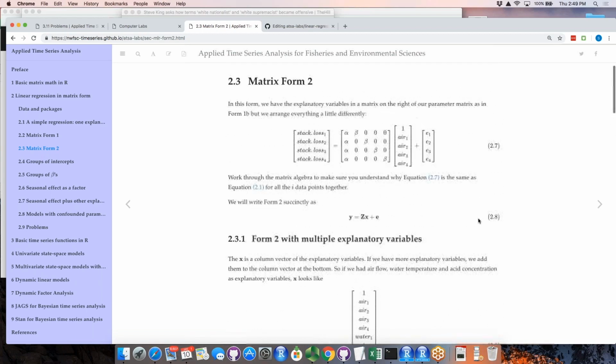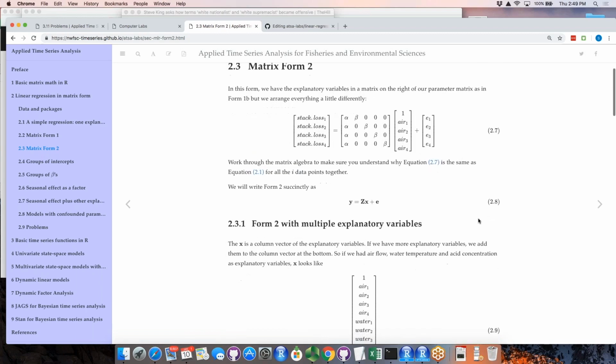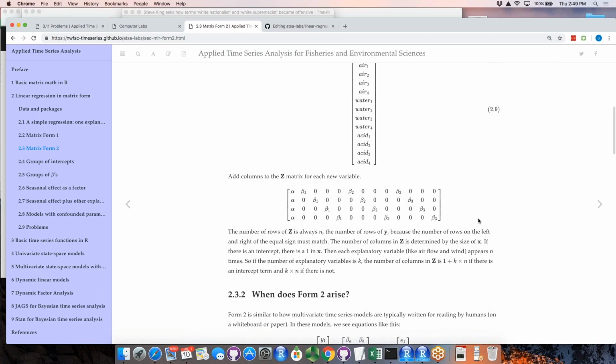So now let's go back here. What you're going to see when we work with these covariate models is that when we write things out like this, like a matrix, it's really easy to put constraints on our parameters.